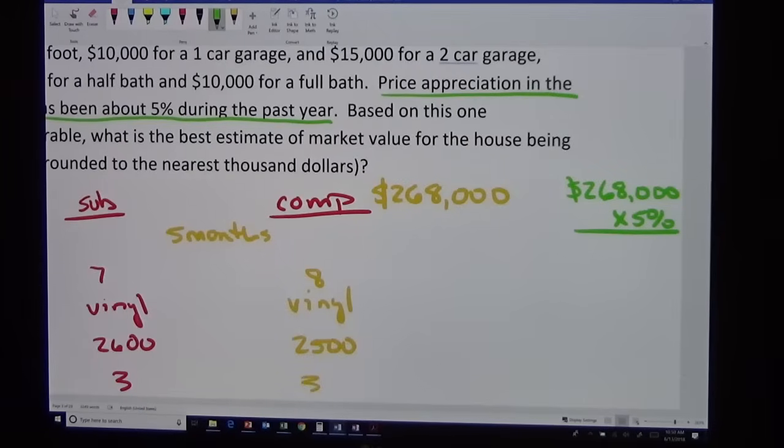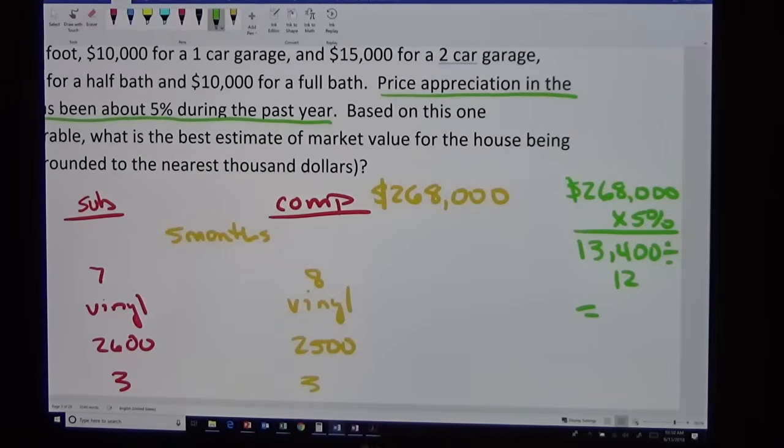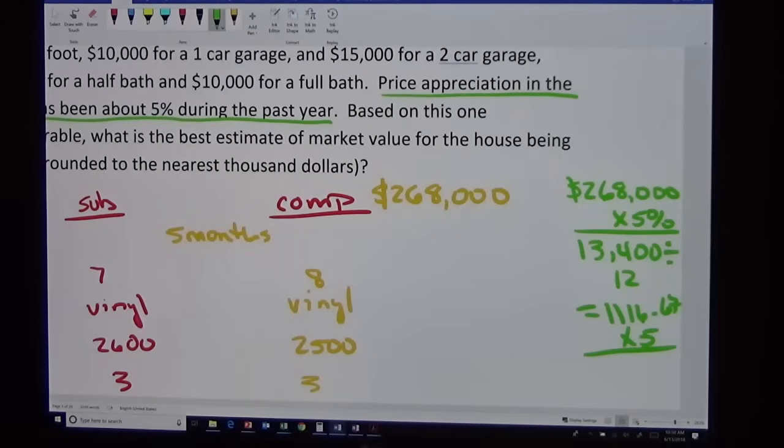So 268,000 times 5% is $13,400 annually, but it didn't do it a full year ago, so we need to break that down into monthly. Equals $1,116.67 a month times 5 months, because it happened 5 months ago.